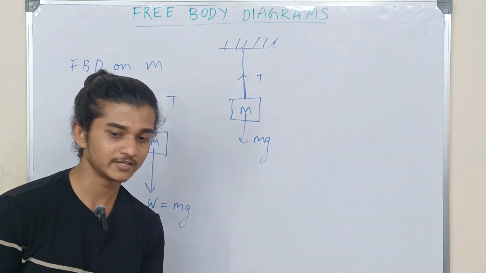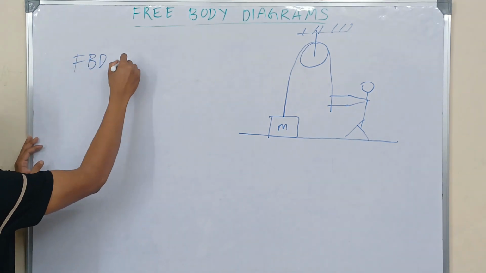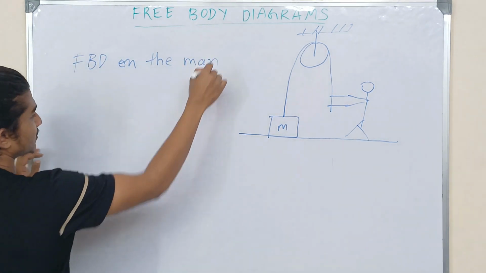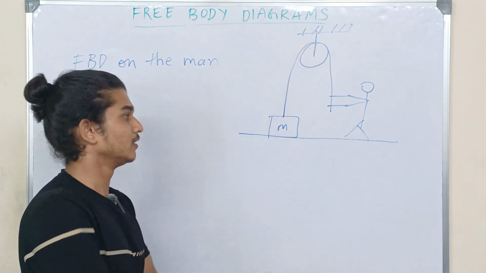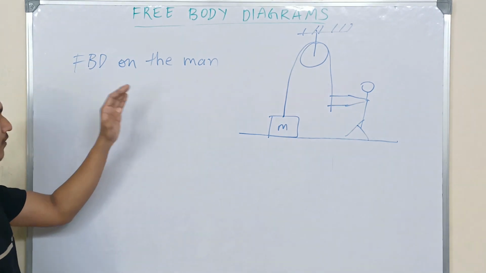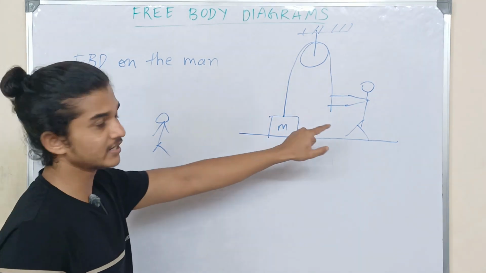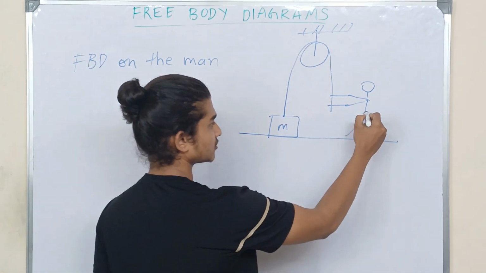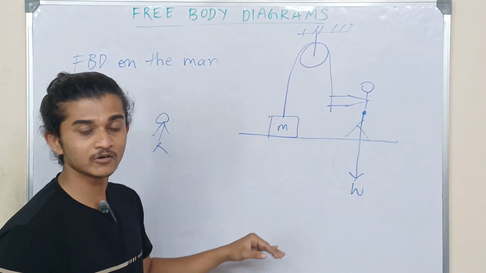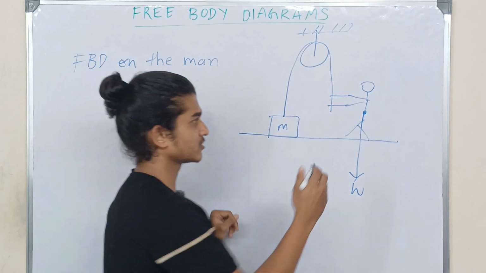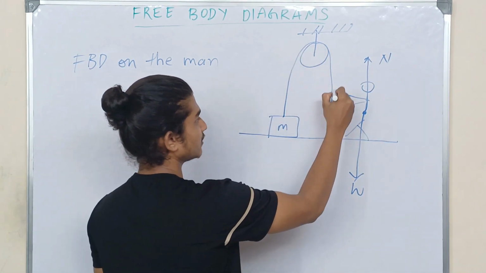Let us go for a little bit more complicated ones. In this diagram, you have to draw the free body diagram on the man. There is a block attached to a pulley. The string goes around the pulley, and there's a man who's trying to pull the block out of the ground. So you have to find the FBD on the man. First you have to separate the body, which is the man here, and identify all the forces acting on the body. The first force is due to his own weight, which is W, and the next one is normal reaction due to the ground, because he is standing on the ground, which is N. Then the string force, which is tension T, acting on his hand.